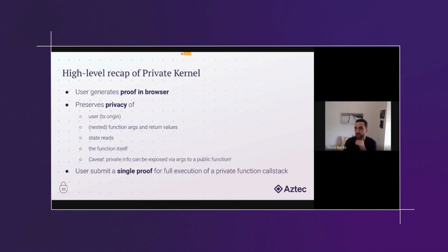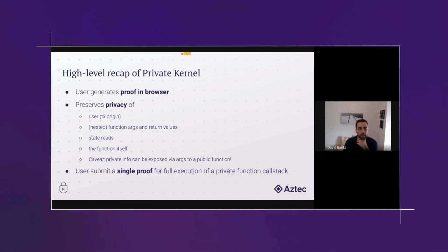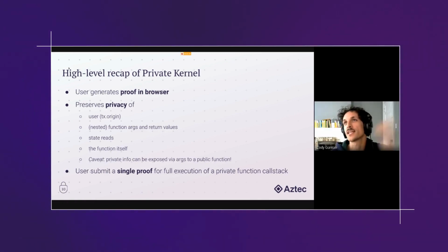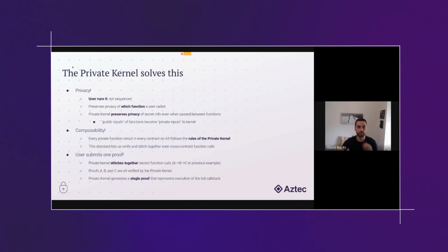Yep. So it's orchestrating cross-contract execution. Is there anything more to it so far? That's mainly it. Is there anything more to the private kernel in general? I'm just asking so that's a good mental model to have going for the rest of the talk. Yes, that is a good mental model.